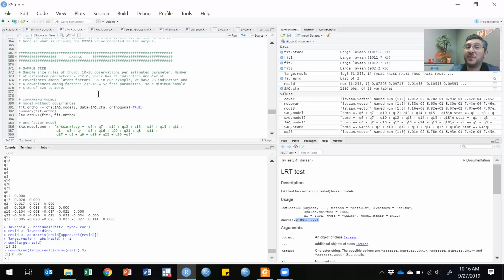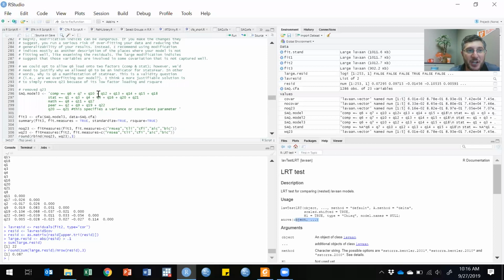In our example, we have 23 indicators and 6 covariances among our factors. Remember, it was comp, stat, math, and peer evaluation.